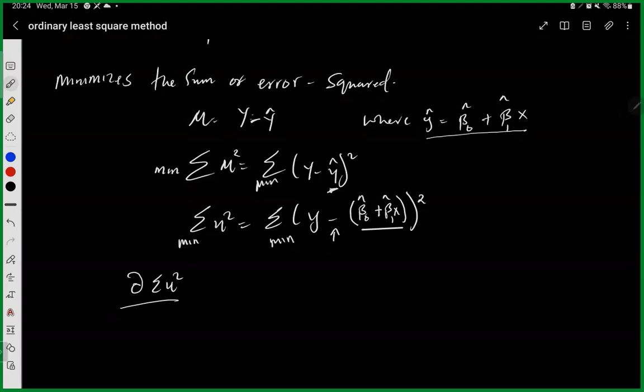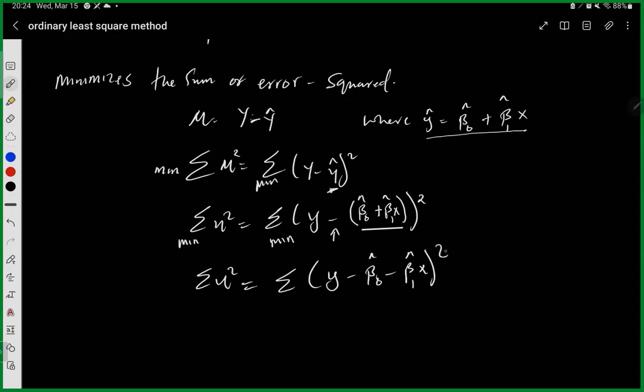So that's why the sum of error squares is equal to y minus beta naught hat minus beta 1 hat x, squared, after we open the brackets. Better that way.